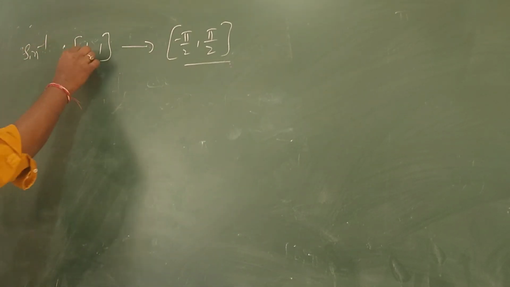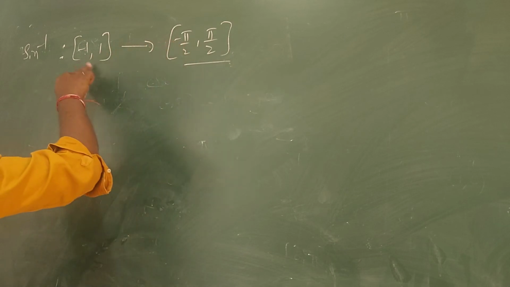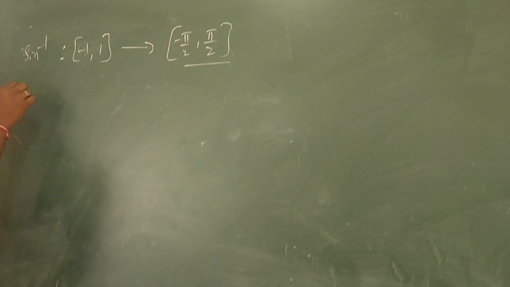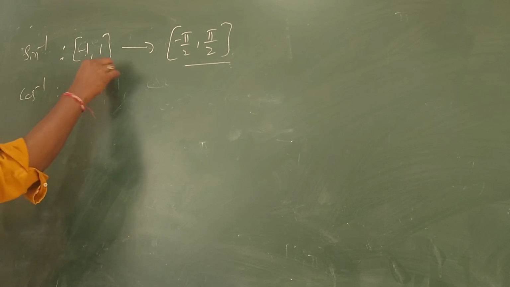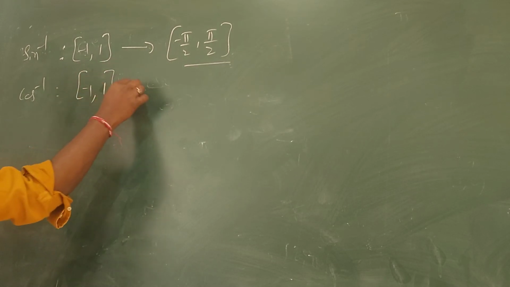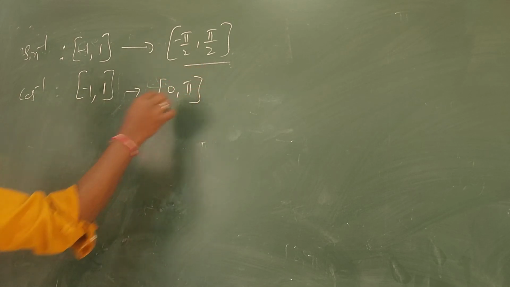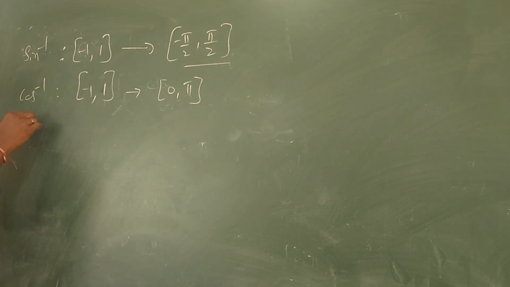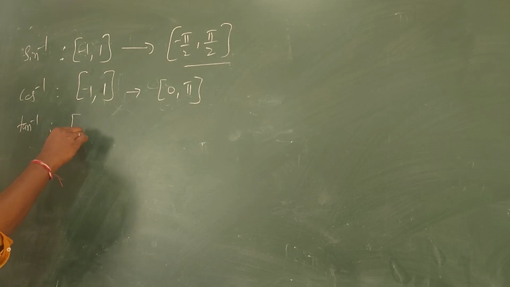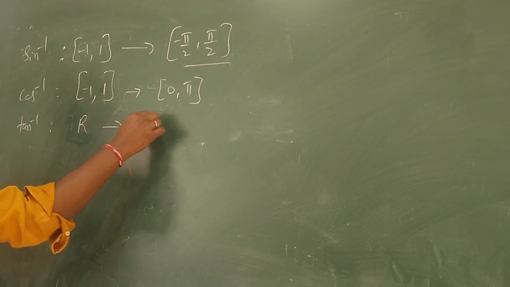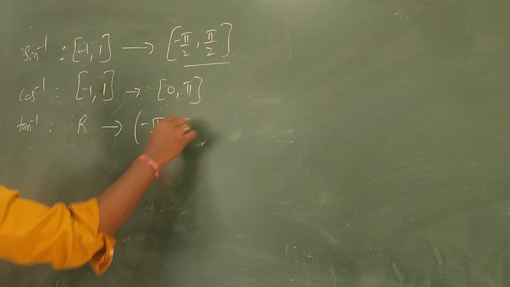Sine inverse: minus 1 to 1, this is the domain and this is the range. Cos inverse is where to where? Minus 1 to 1 implies 0 to pi. Okay. And tan inverse will be where to where? R to minus pi by 2 comma plus pi by 2.